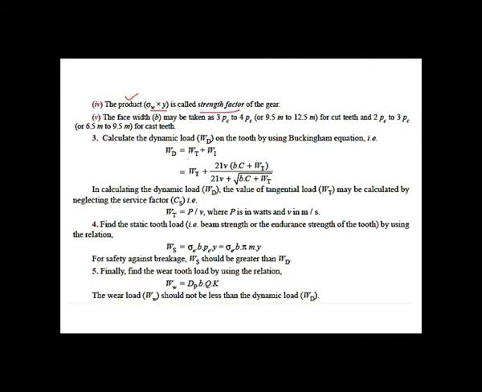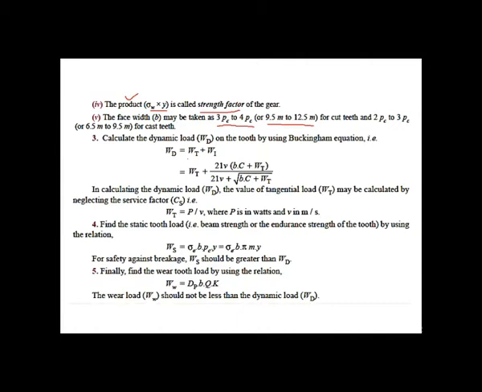Then the next point will be the face width, which may be taken as 3 Pc to 4 Pc, or from 9.5 m to 12.5 m. This variation is for teeth manufactured by the milling operation or some other machine tool in industry.